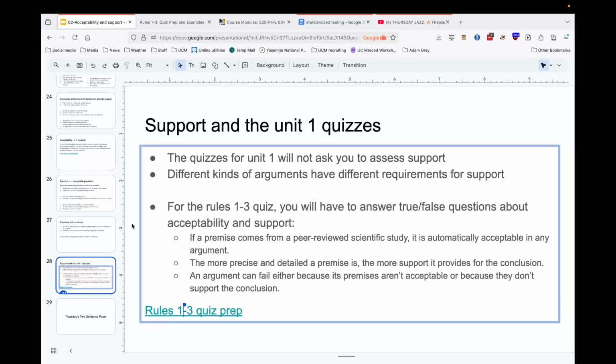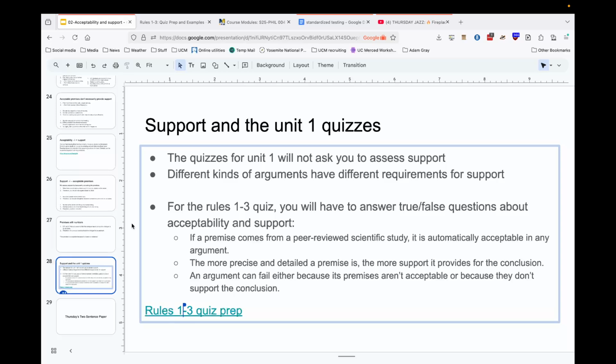First, if a premise comes from a peer-reviewed scientific study, it is automatically acceptable in any argument. Is that true or false? If a premise comes from a peer-reviewed scientific study, it is automatically acceptable in any argument.